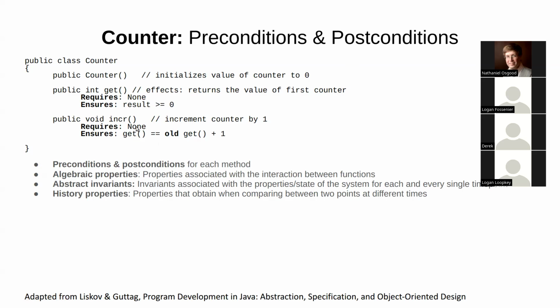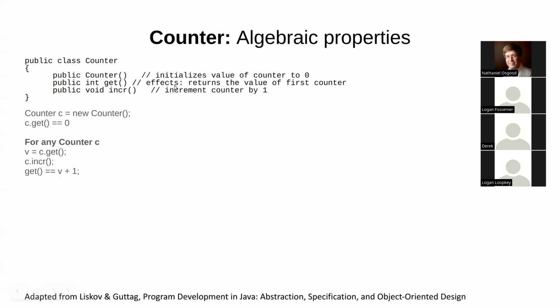And there may be times where your team does not have a formal specification in place. So there's no reference to old, Tyler, but you can still reason about history properties. You could come up with history properties even though all you have is informal characterizations.